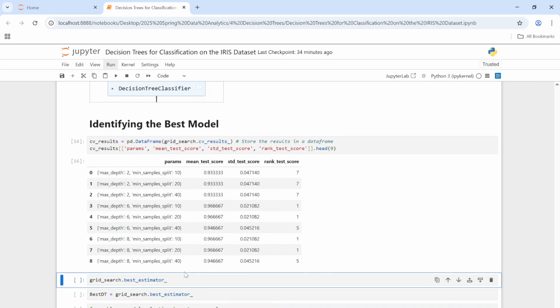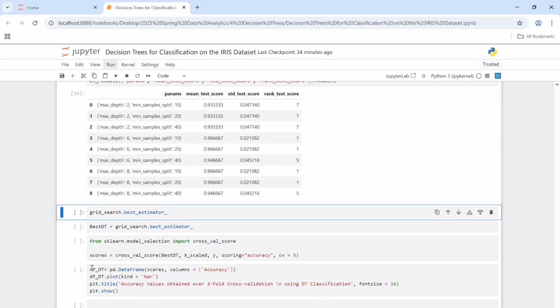You can see that I have all of the 9 models over here, and there are several of them which are the best model. You can largely see that a max depth of 6 with a minimum number of samples per split of 10 has a fairly high accuracy. It also has a relatively low standard deviation across each one of the splits.